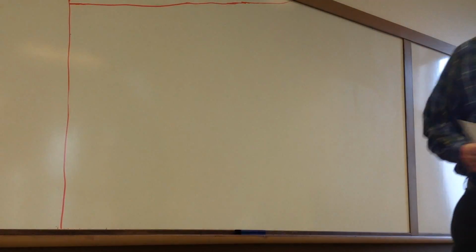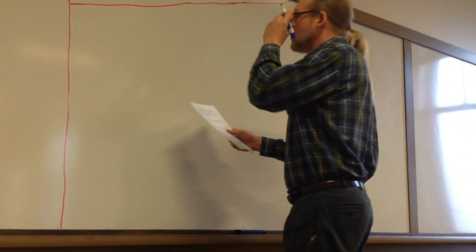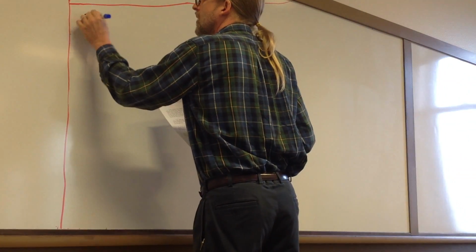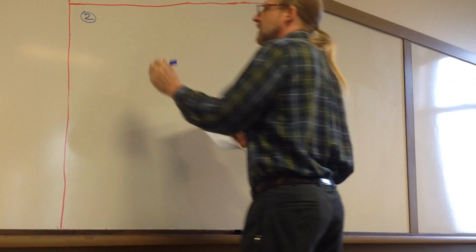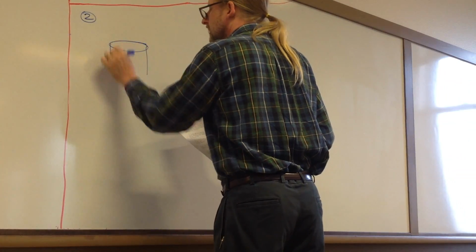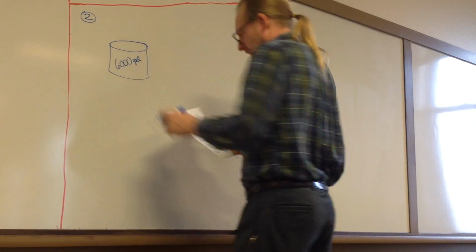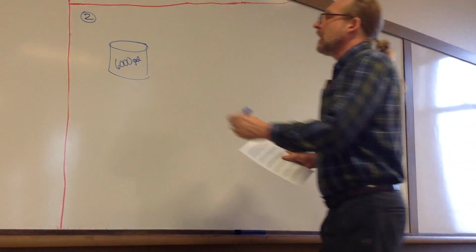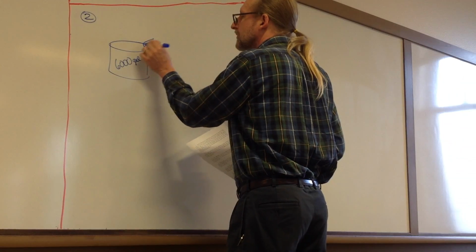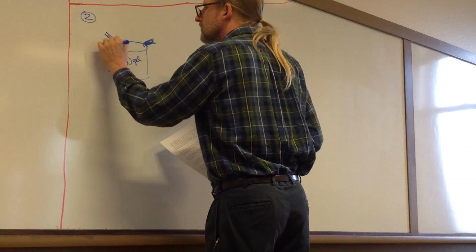So, first let's look at the situation. In problem 2, we're working with a 6,000 gallon water tank, and it's getting filled up from 2 different spigots or hoses.